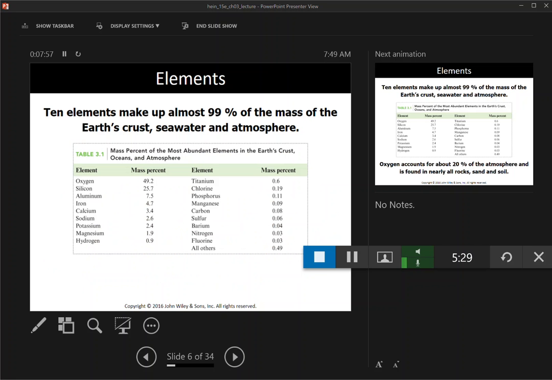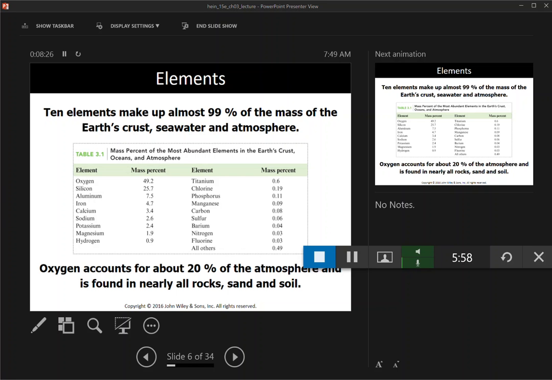So this table shows you the abundance of different elements on Earth. Oxygen is the most abundant element on Earth, 49.2%, and after that, silicon is the most abundant. And then obviously on Earth, we find all sorts of traces of different types of metals and different types of elements.